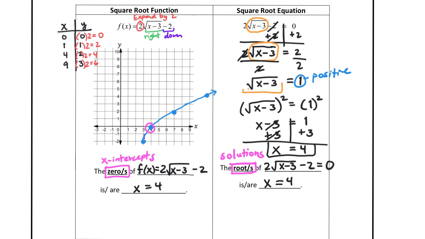So there's 4 different names here, right? So we know if we use the word roots, if we use the word solutions, if we use the word zeros, if we use the word x-intercepts, these are all the same. We're talking about the same thing. Just different ways of saying the same thing.